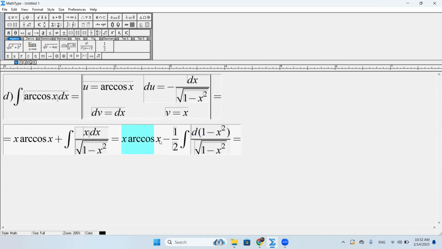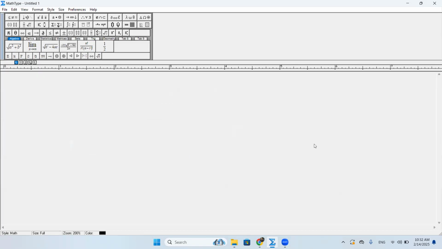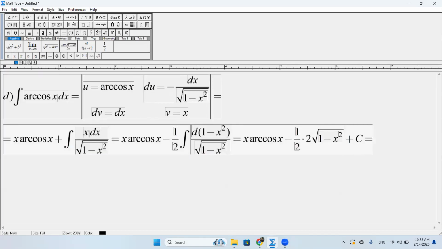And now we can integrate. So, and that's it.